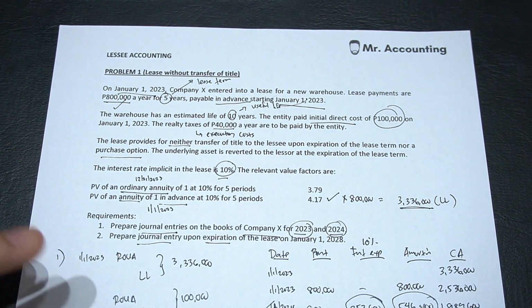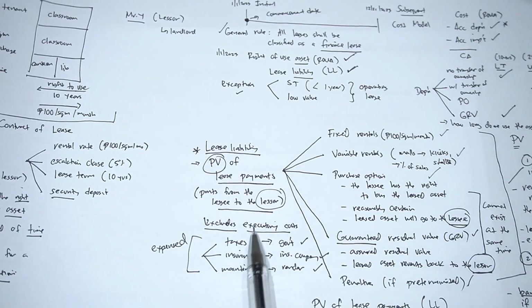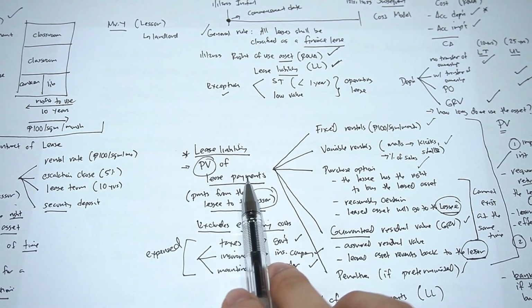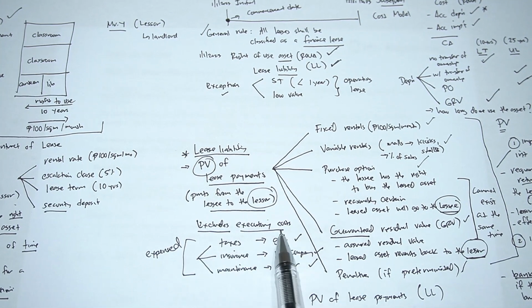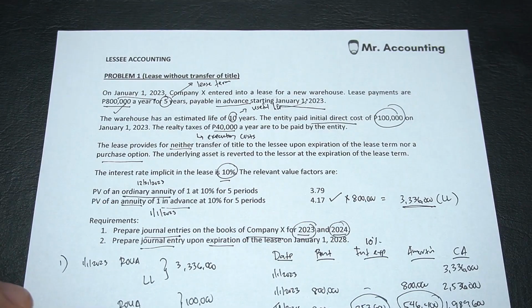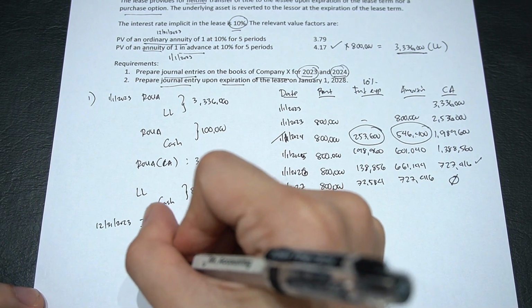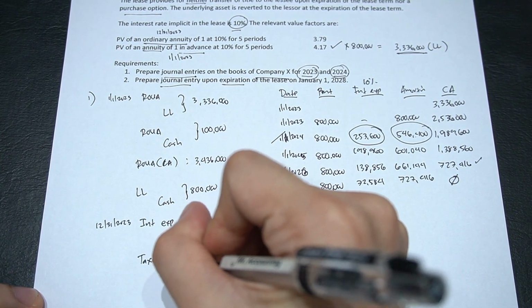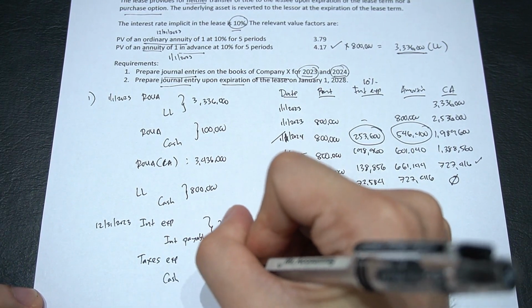And from our lecture, alam natin, class, lahat ng executory costs, hindi yan kasama sa lease payments. Okay? Excludes executory cost. Because third party yung makaka-receive niyan. Yung taxes, in particular, BIR yung makaka-receive niyan, yung government. Lahat ng executory cost, diretso expense yan. How much? 40,000. So, entry natin dyan is debit taxes expense, credit cash, 40,000.